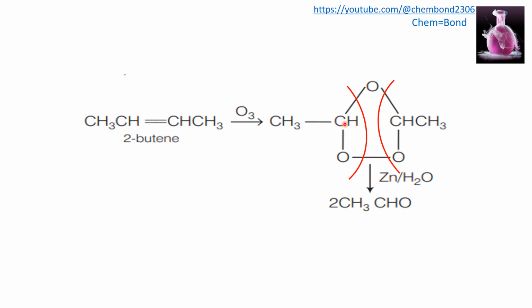Methyl and CHO, that is the aldehydic group, so it will produce 1 mole of aldehyde, and here again methyl and CHO will produce another molecule of aldehyde. So 2 molecules of aldehyde will be produced in case of symmetrical alkene, while in case of unsymmetrical alkene, it will produce aldehyde and ketone both.